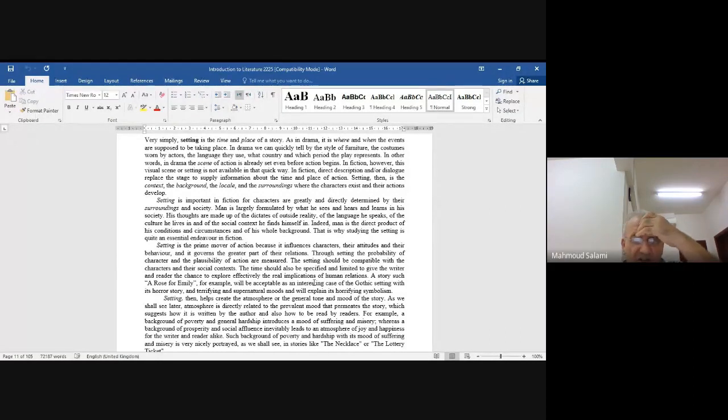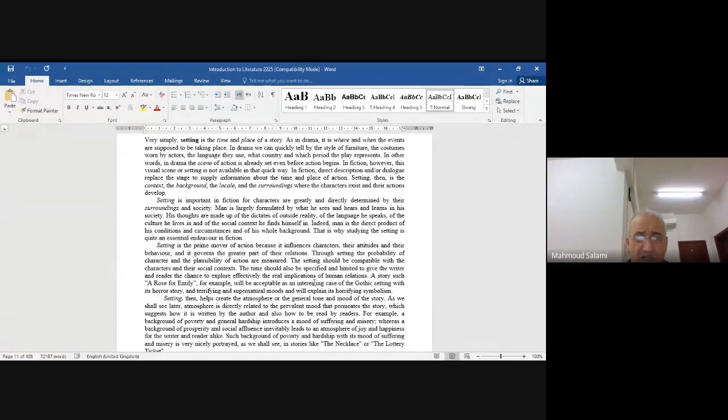A story like A Rose for Emily, as we shall see, will be acceptable as an interpretation or as an interesting case of the Gothic setting with its horror story and terrifying supernatural moods, and will explain its horrifying symbolism. Most of the time, you understand and accept a text when you know where it was made, when it was made, and to whom it was made.